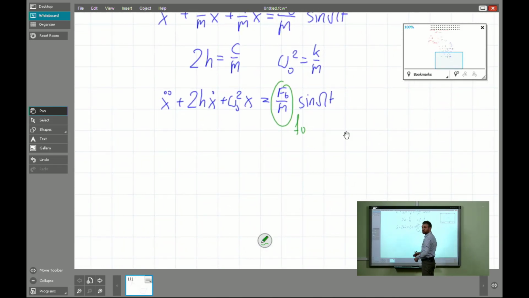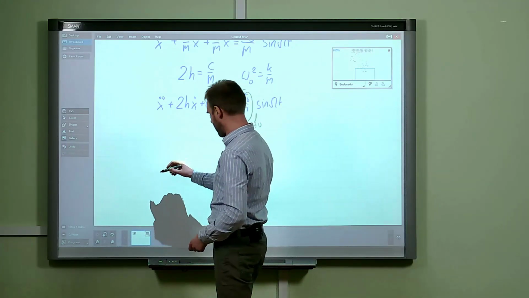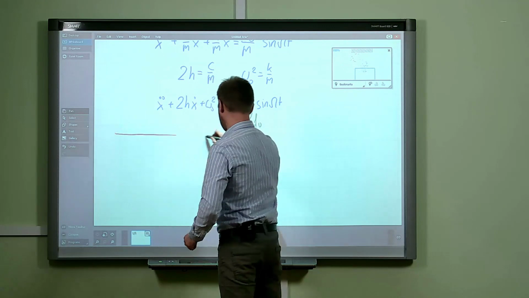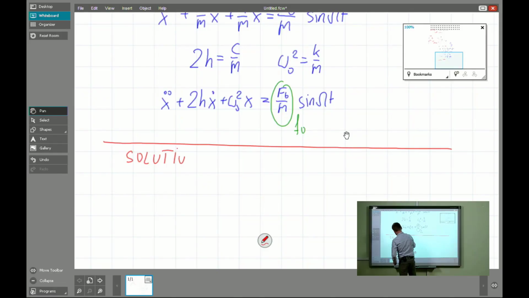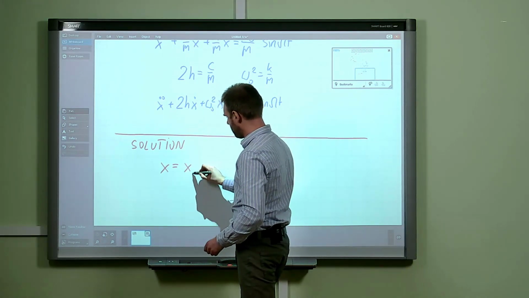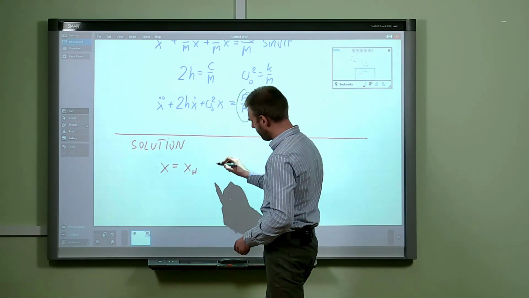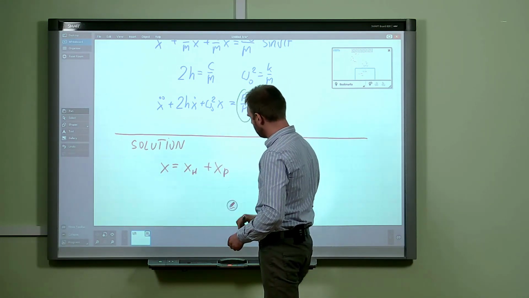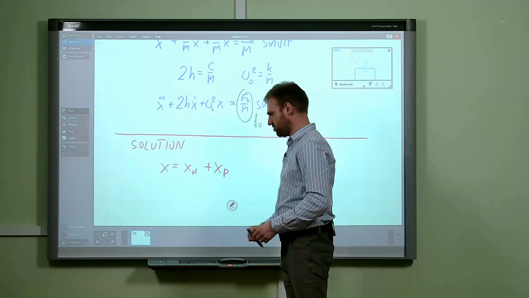Here we have our governing equation in the form of the acceleration, and we remember that if you want to find the solution x, it will be the sum, the general solution of that entire equation. It is the general solution of the homogeneous part of our equation, plus one particular solution of the non-homogeneous equation.